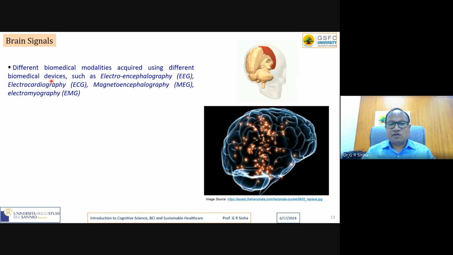Different types of biomedical devices are used to capture EEG, electroencephalography, electrocardiography, magnetoencephalography, and electromyography. EEG is electroencephalography. Electrocardiography is ECG, of course, that is related not to the brain, but the heart. Magnetoencephalography is related to the brain, and electromyography is related to muscles.